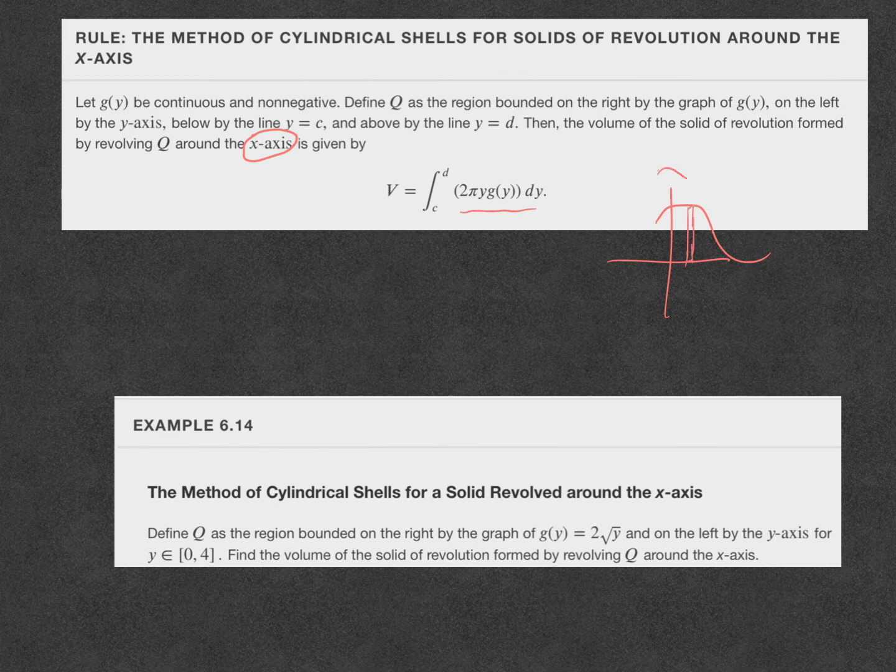If I'm going around the y-axis and that rectangle is oriented vertically, well, that forms a cylinder. It forms a shell. Let me draw my region again. If I'm going around the x-axis and my rectangle is horizontal, that's also going to form a shell. It's the opposite of what we saw in the last section.